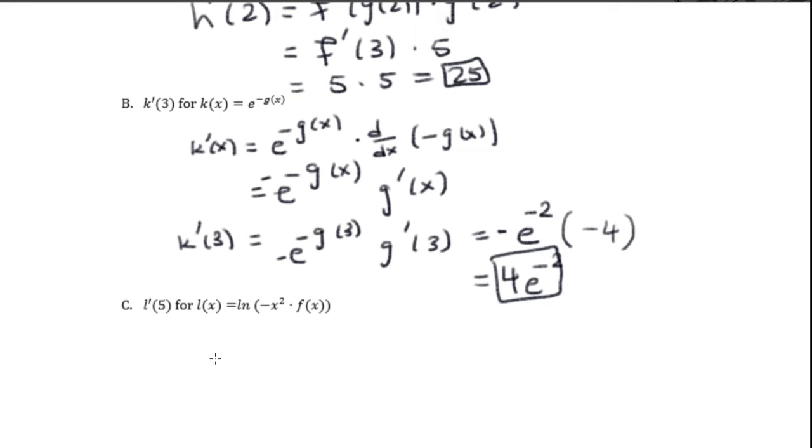For part C, I want to find L prime of 5, where L of x is equal to natural log of negative x squared times f of x. So I'm going to have to use the chain rule and the product rule here. So it's going to be 1 over the inside times the derivative of the inside.